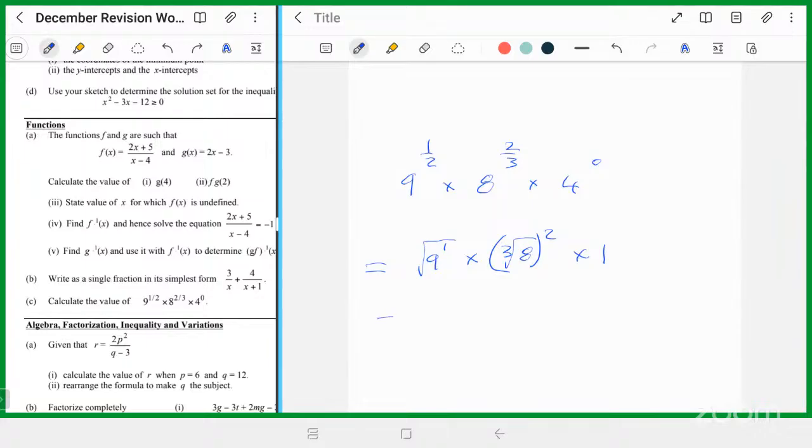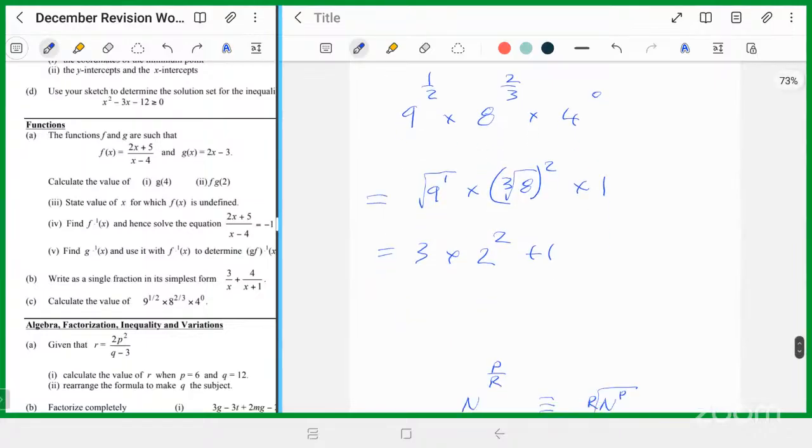This can be simplified. The root of 9 right now is 3 times the cube root of 8. Cube root of 8 is 2, so it is 2 squared, times 1. So 4 times 3 is 12 times 1 is still 12, so it works out to 12.